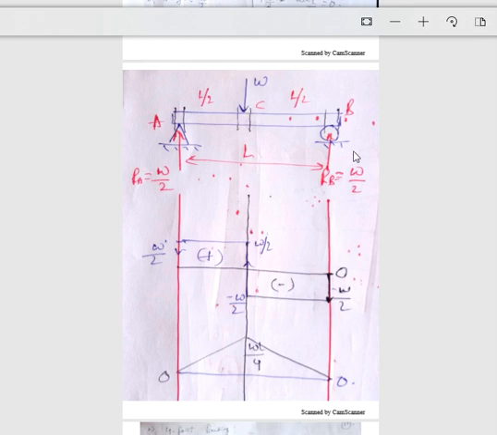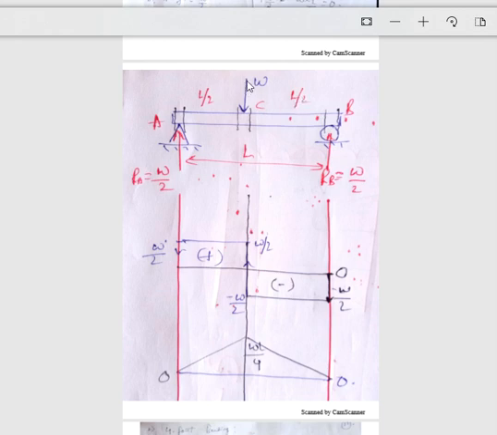First, consider this force. Again, with respect to this section, this force is bending the beam in the upward direction, which means it gives a positive bending moment. So it will be plus W by 2 into the perpendicular distance L by 2, because this section and this section are almost the same. W by 2 into L by 2 will become WL by 4.